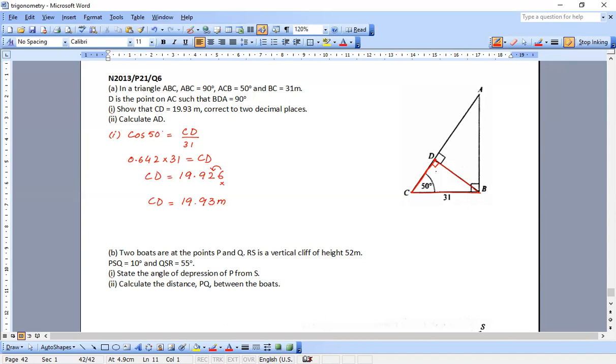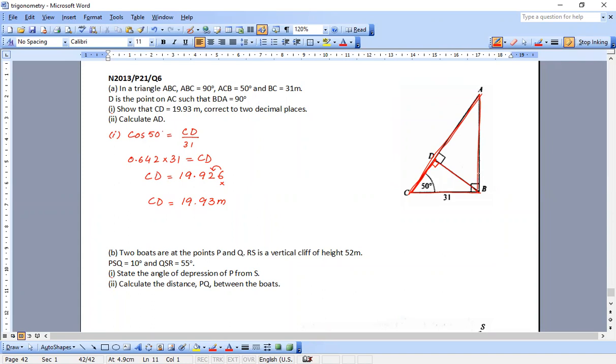Part 2, the length of AD. CD is 19.93 and we have to calculate the length of AD. Let's consider the other triangle, which is going to be ABC. This is the triangle ABC. Let's consider the whole triangle first of all.